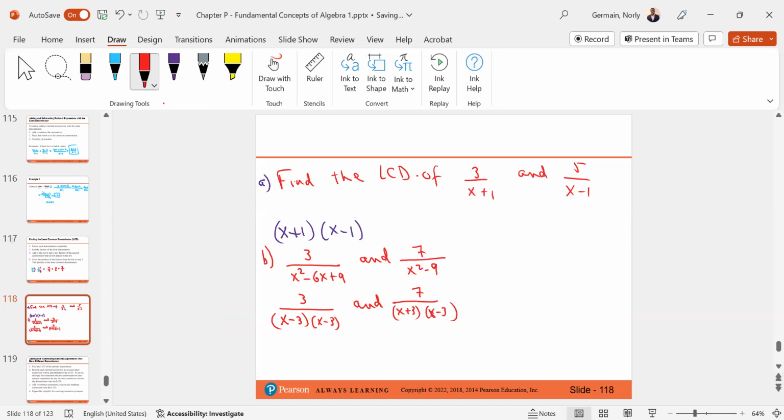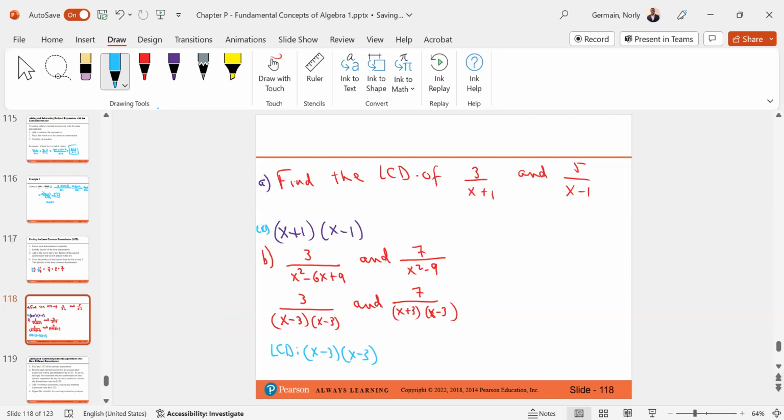Okay. Now, what I need to look at in this one, take everything I have from the first, because we said the LCD is everything you find in the first denominator. Take everything. Now, check in the second denominator the factors you do not already have. Well, x minus 3, I already have it.